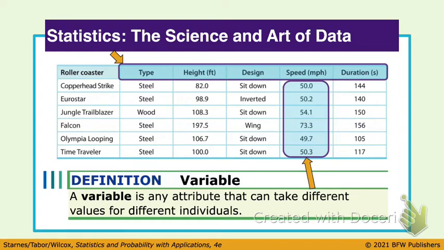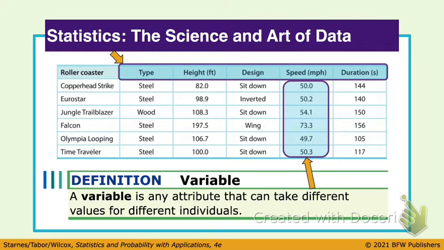In this particular example, the type of roller coaster is a variable. Depending on which roller coaster it is, depends on what type of roller coaster it is. The height is a variable. It can change depending on which roller coaster we're looking at. The design, the speed, the duration, those are all different variables that can have different values for each of those individual roller coasters. So all of those are variables across the top.